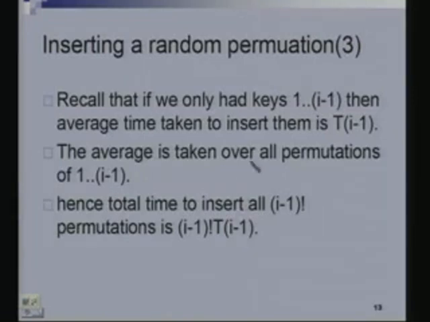The average is taken by computing the total time to insert all the I minus 1 factorial permutations divided by I minus 1 factorial. So, the total time is I minus 1 factorial times T of I minus 1. Like for instance, in the example that we did earlier for T3, the total time taken to insert all the permutations was 16, which was just the average times 6.